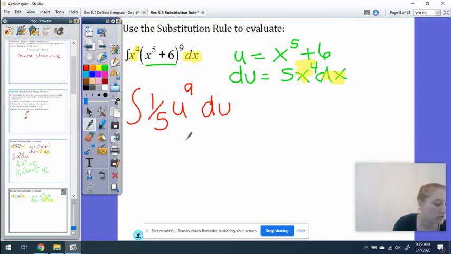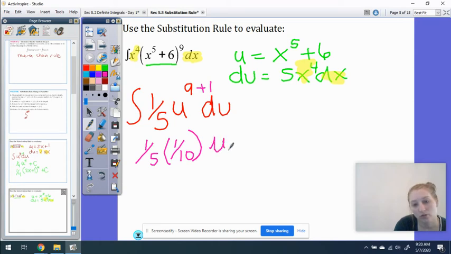Okay. So from here, I can go ahead and integrate. So I'm going to add 1, which is going to give me a 10. So we're going to say 1/5 multiplied by 1/10 u to the 10th plus c.